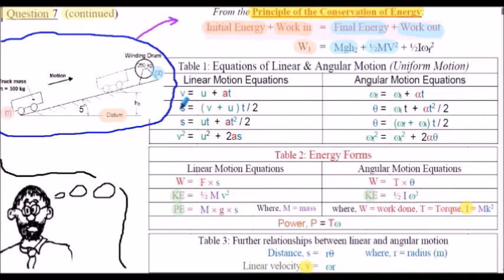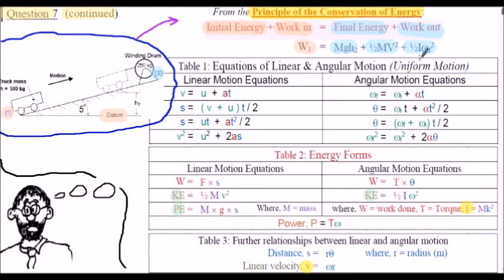And because the truck has been pulled up by the cable of the winding drum, the drum must have some angular velocity. So we must have kinetic energy of angular motion. We're told to ignore friction effects in the question, so there's no work out of the system. So in this case, the work into the system is transferred into potential energy, linear kinetic energy, and angular kinetic energy.